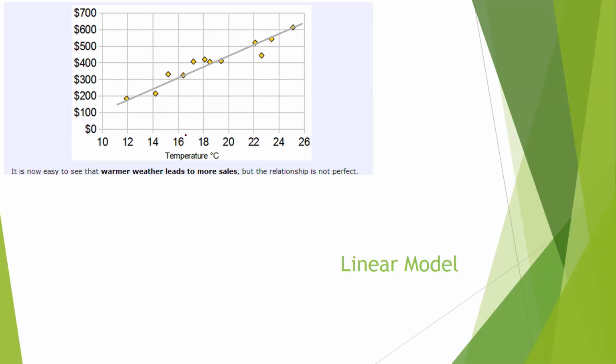So in this example, we just tested whether the temperature X explains the variability in the daily sales, right? If there's a trend, it means the temperature indeed determines how much money you earn by selling ice cream.